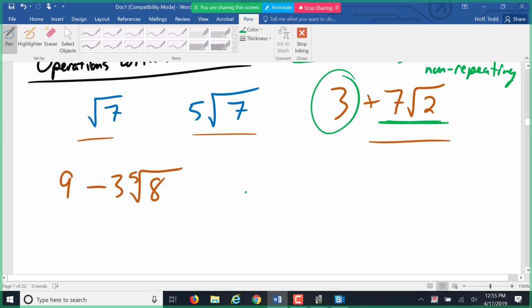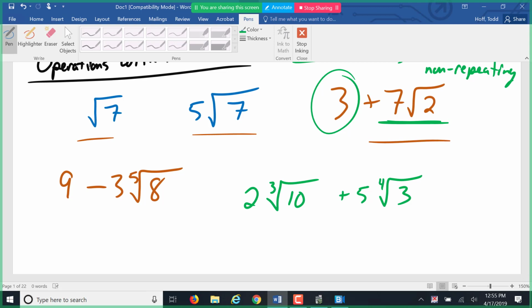We might have 2 times the 3rd root of 10 plus 5 times the 4th root of 3. Those are all radical expressions, and each index of a radical has to be kept different. Not only each index, but each object, the object within the radical. If it's different, it creates a different digit, a different name for that digit.